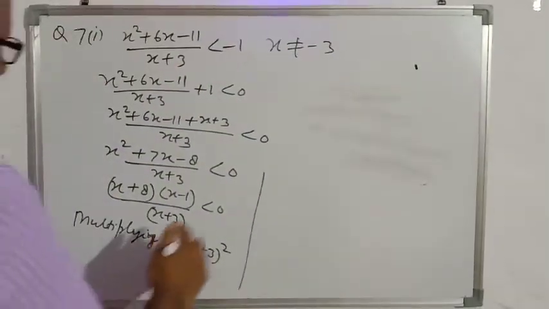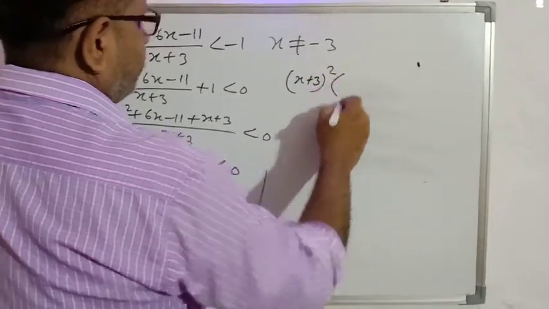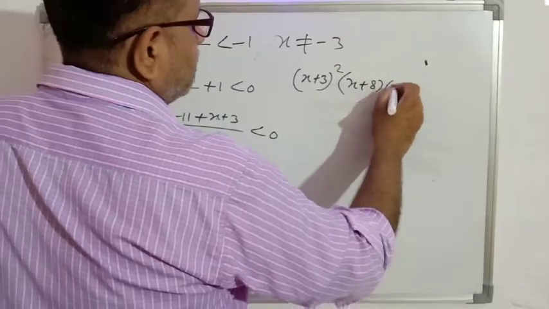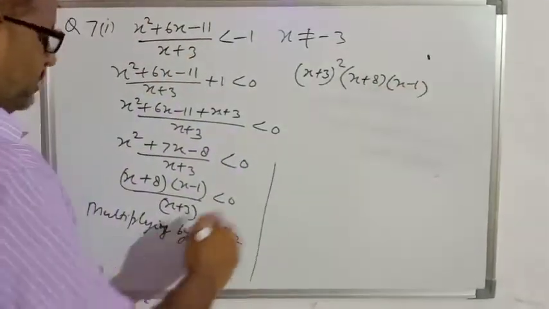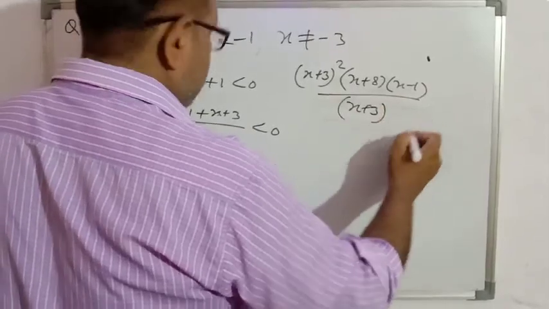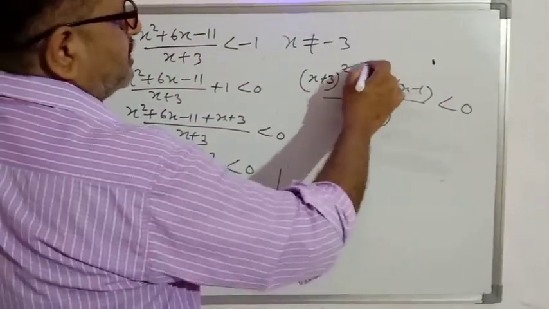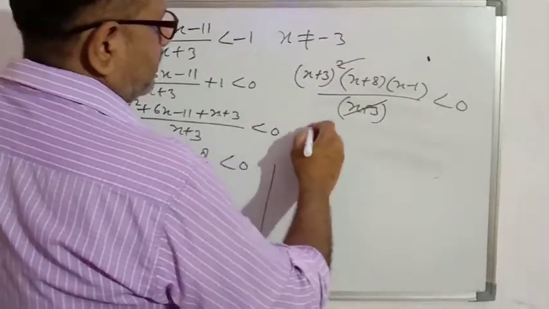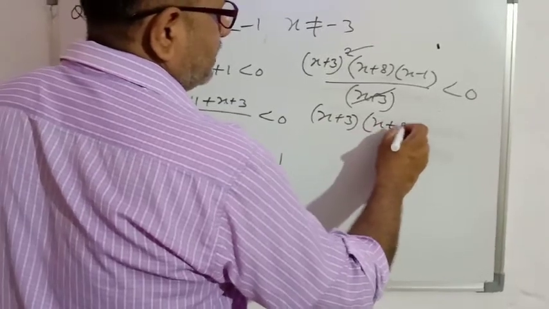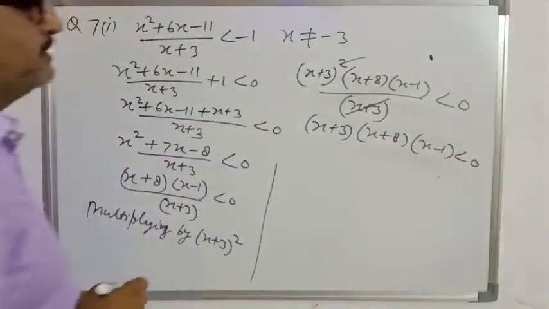Multiply both sides by (x plus 3) square. So (x plus 3) whole square, (x plus 8), (x minus 1) upon (x plus 3) less than 0. One x plus 3 cancels. We will get (x plus 3), (x plus 8), (x minus 1) less than 0.